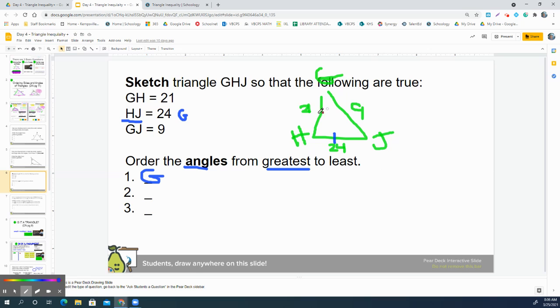And then if 21 is the medium, what's opposite the 21? What letter is missing from G and H? J, absolutely. So J is the medium. I strongly encourage you to draw these out, but if you can remember this little trick, GJ, the H is missing, so that's going to be the smallest.